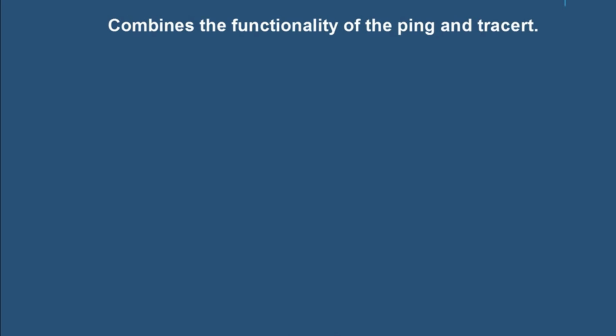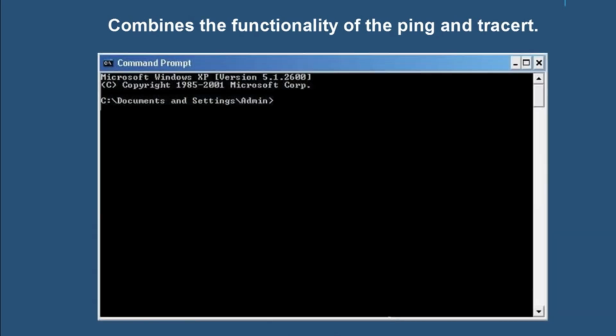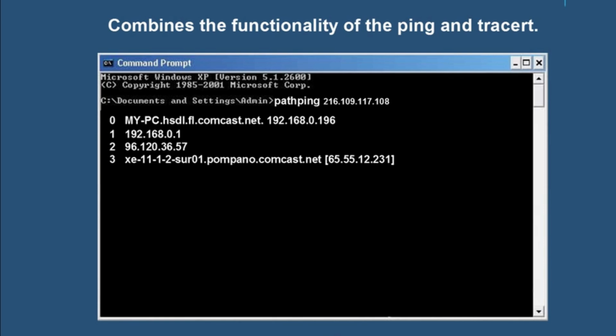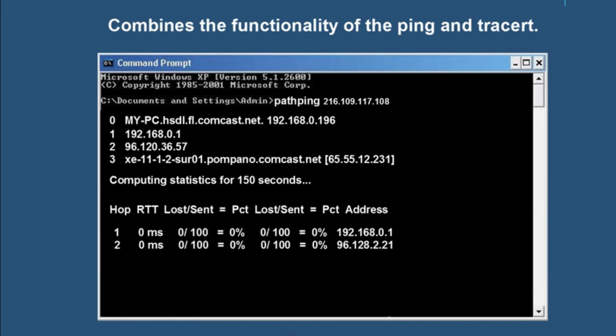Besides the ping utility, there is another one, pathping, a Windows network utility that combines the functionality of ping and the tracert utility. In a command prompt, type pathping and the IP address or the domain name, and when you press enter, pathping shows the details of the path data packets take between two devices.